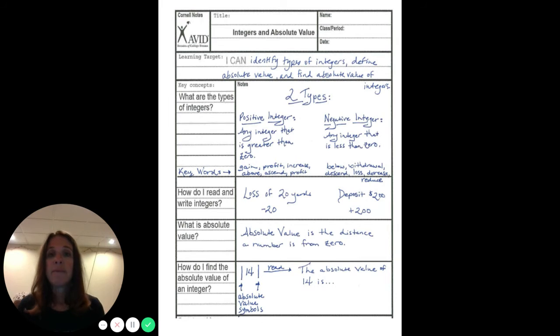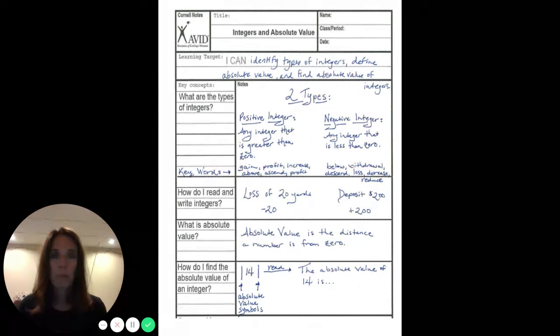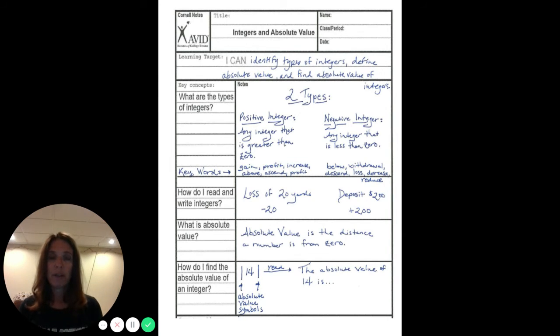You would say that as the absolute value of 14 is. And what that means, if we go back to the definition, is the distance 14 is from 0. Well, how far is 14 from 0? It's 14. 14 steps, 14 units away from 0.